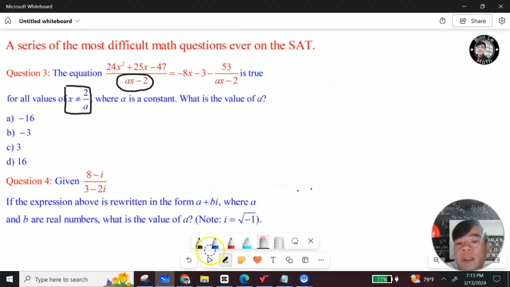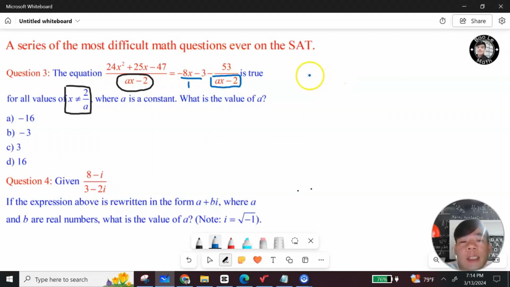Now, in order to solve this, we just look at the right hand side and find the common denominator. The common denominator is as minus 2. This one is going to be 1, right? Denominator is 1, so we multiply the top and bottom by as minus 2, and we're going to write the whole thing as the same denominator.